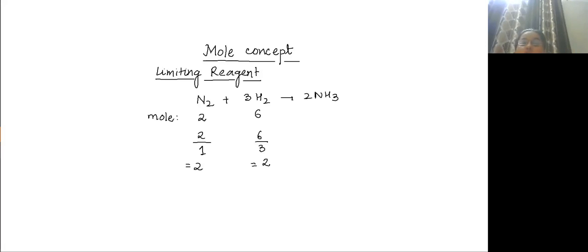So if there is no ER, then both will be completely consumed. Once the reaction is done, you will only get NH3. Yes or no?